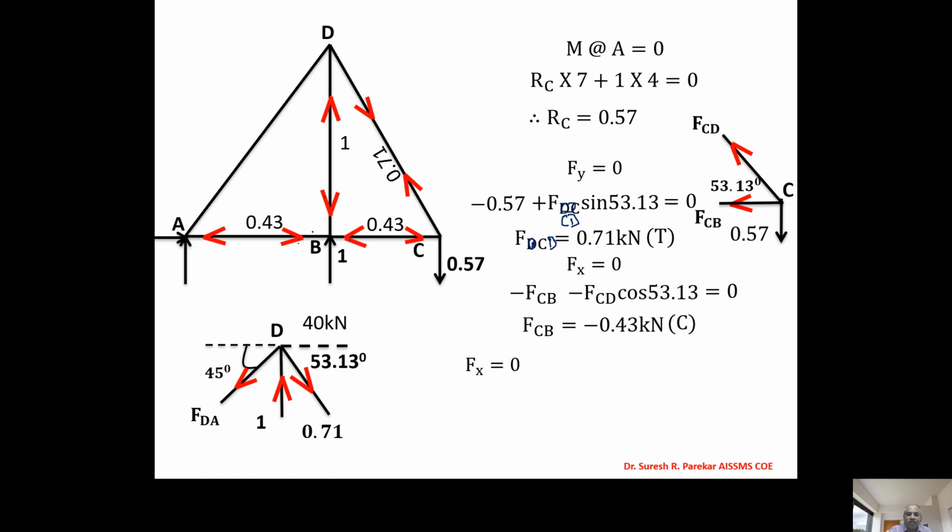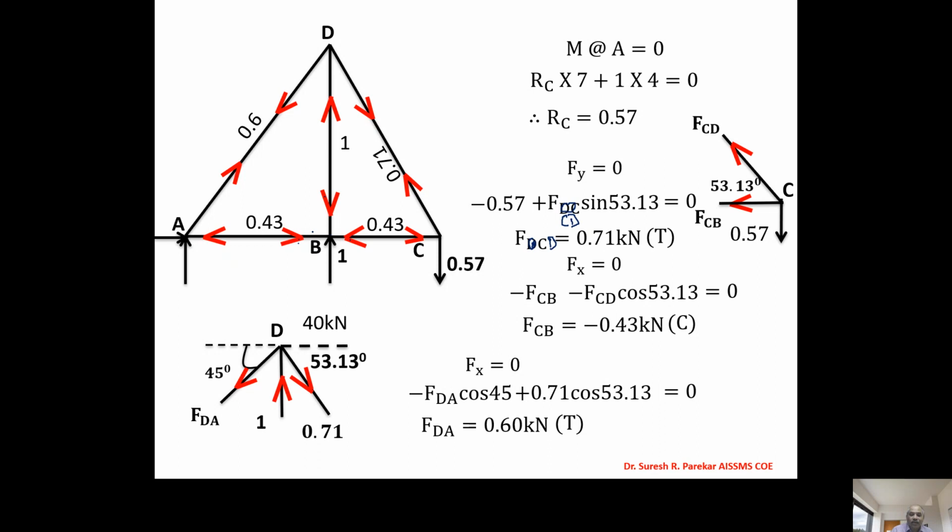Now joint D we will solve just by using summation Fx = 0, because by Fx = 0 we have minus FDA cos 45 plus 0.71 cos 53.13, and FDA we will get as 0.6, as the value we got is plus, so it is tensile.